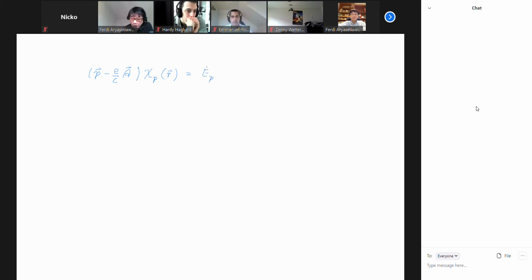This actually should be a vector. I didn't have the vector sign in the notes, but it's clear. Now we make a gauge transformation. According to the formula, we must add a gradient of a scalar field, call it lambda, and we have a new wave function, call it chi tilde.